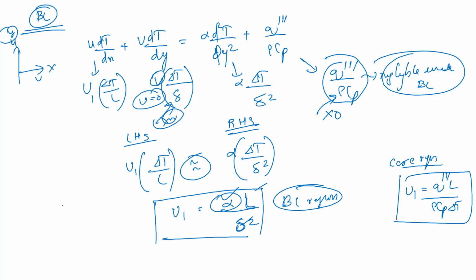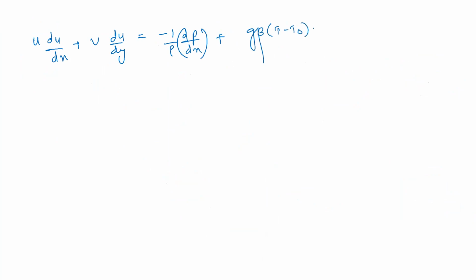Now the next question asked is, what if the Boussinesq approximation is used? Okay. So the Boussinesq approximation is used means the same equation: U dou U by dou X plus V dou U by dy is equal to minus 1 by rho dp by dx plus g beta (T minus T core) plus mu d square u by dy square.